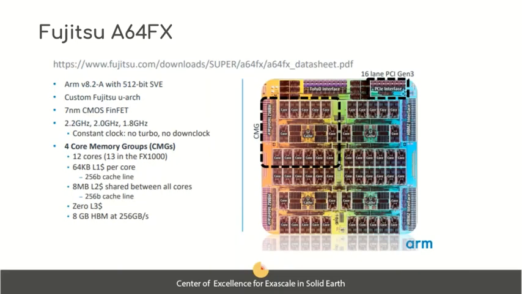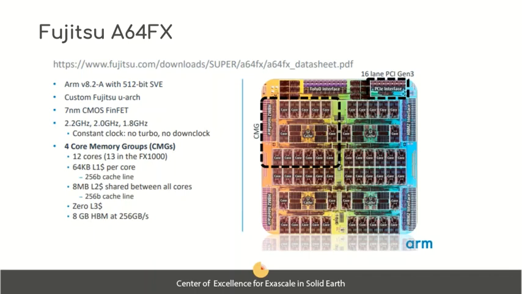Now some information on the currently available ARM processors. First, the A64FX from Fujitsu, which is an ARM-based processor, but with a custom Fujitsu microarchitecture. So it is not an off-the-shelf ARM core on the Fugaku supercomputer.